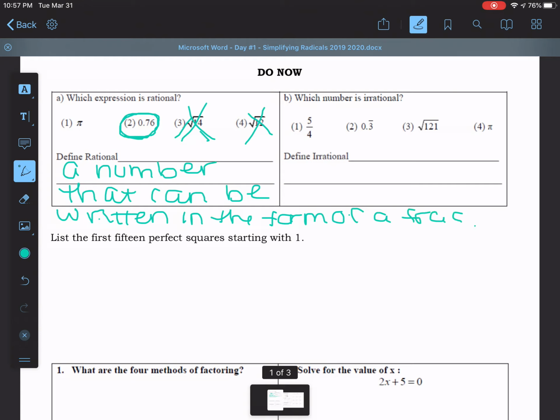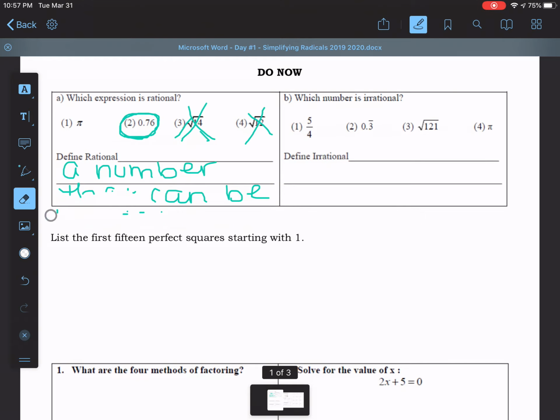But the way I want you to remember this is that a rational number is a decimal that ends, that stops, or just a nice regular number. It could be 3, it could be -2. All of those are rational numbers, okay? So I'm just going to erase this a little bit just to go to number 2.